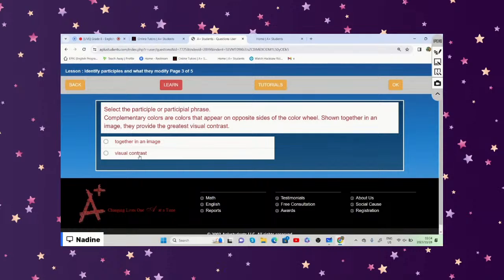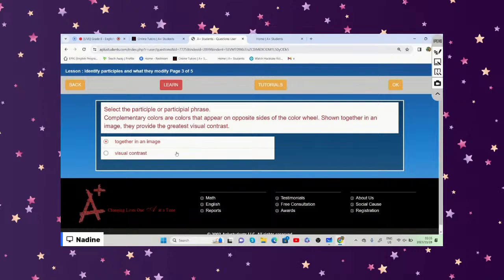So is it together in an image or visual contrast? So if we select the correct one, right, then we will choose together in an image.